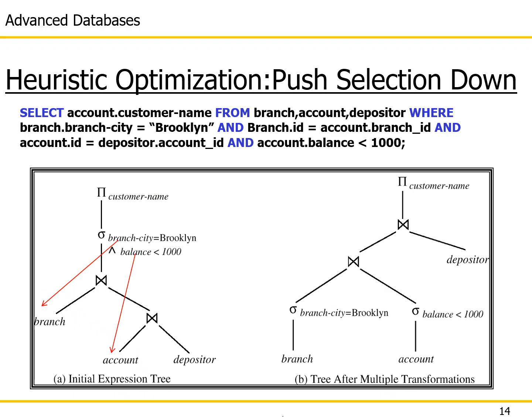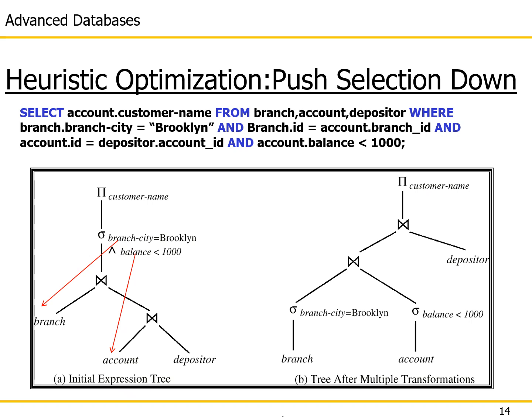Here is another example of pushing selections down. In this case, I made the SQL statement we were looking at a little bit more complicated. I just added one more selection criteria, which is account.balance less than 1,000. So applying the rule of pushing selection down should be done as many times as we can.